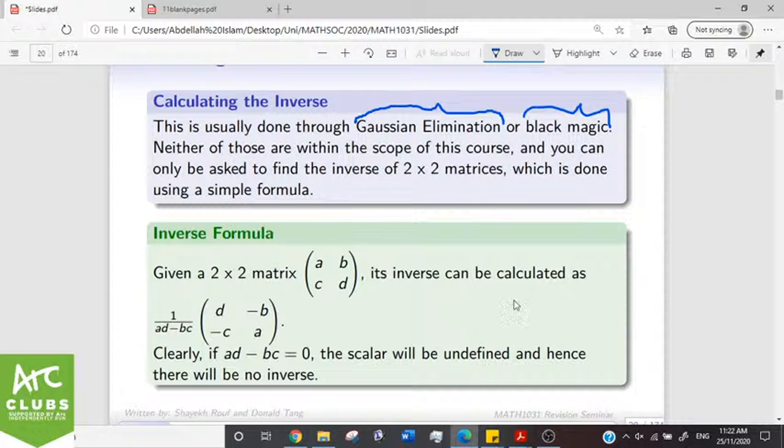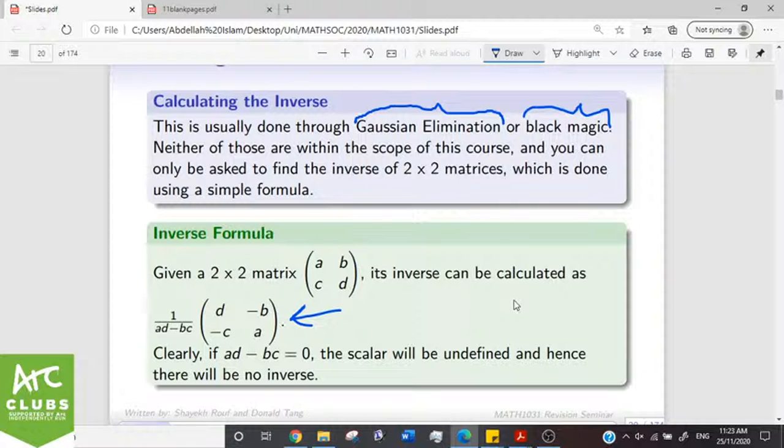And we can find the inverse of a 2 by 2 matrix easily using this formula. So keep this formula in your head at all times, because it's super useful. And it's actually one of the few formulas that I actually recommend just knowing by heart, okay?